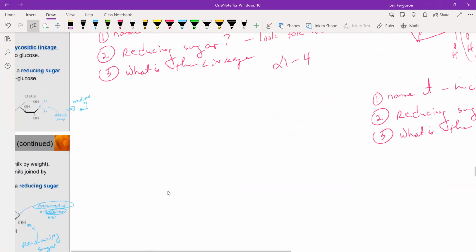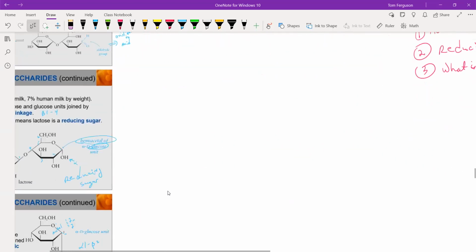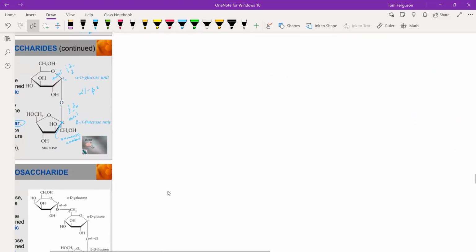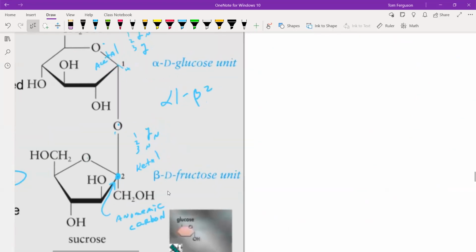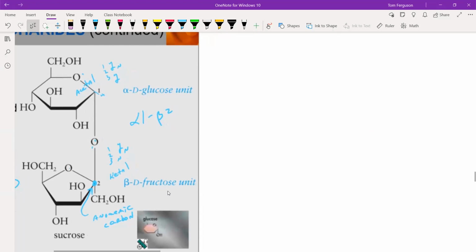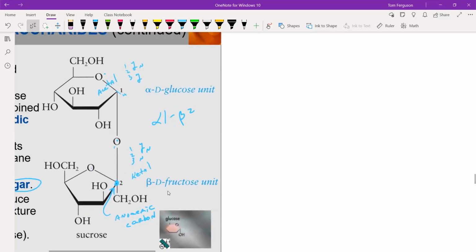Okay, so I'm going to do one more disaccharide. And that is this guy here. Now, if you look this up online, sometimes a structure doesn't look like this. It's more of a horizontal version of this. In my class, we're always going to draw the anomeric carbon to the right.